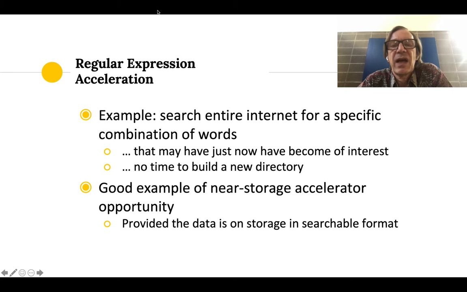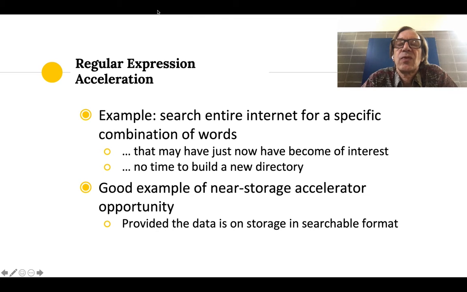So imagine that I may have just become interested in a certain combination of words, and I want to search a large data set, say the record of all the text on the internet, for that specific combination of words and symbols. And this might be a combination that, because of some news event, has just become of interest to me.